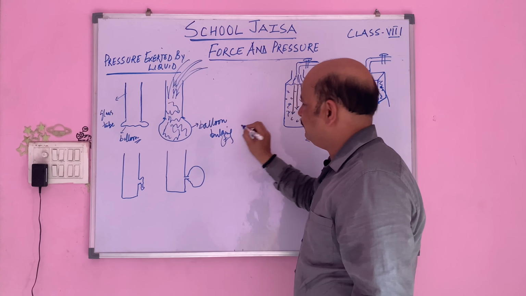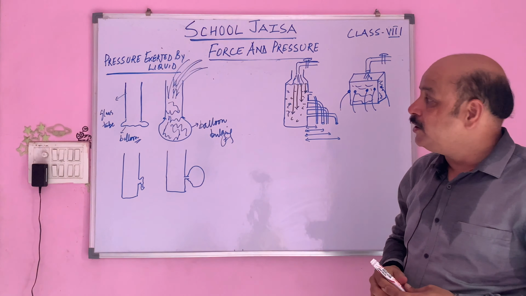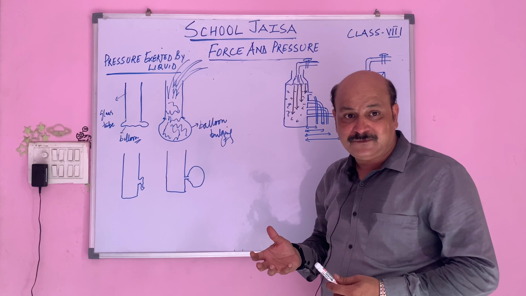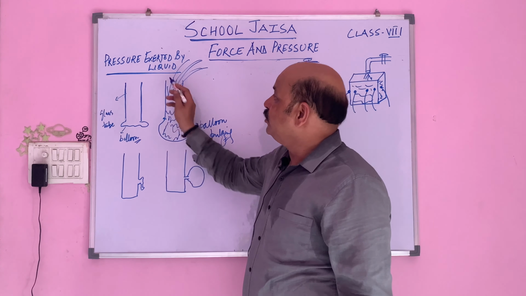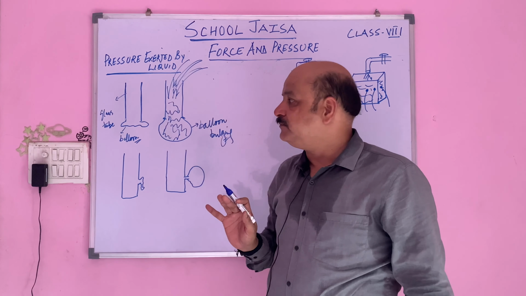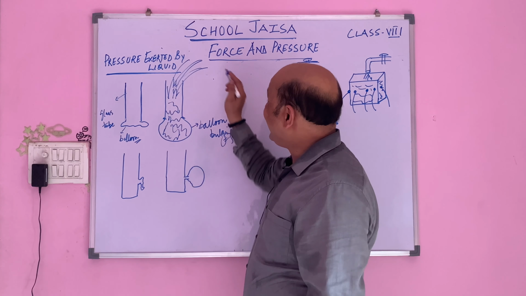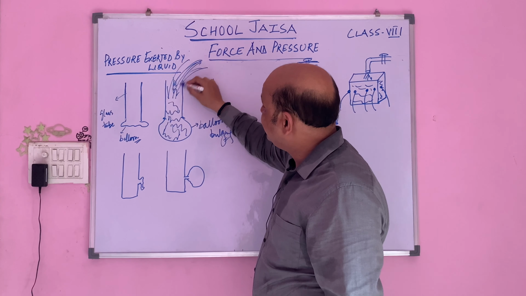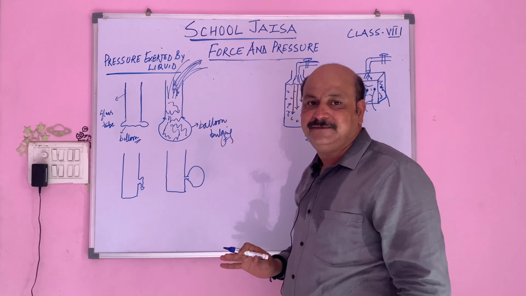Now the question comes, why did the balloon start bulging downward? What was happening? So here we come to know, till no water was there in the tube, no bulging of the balloon was there, whereas as soon as the water started being poured into it, the bulging started.